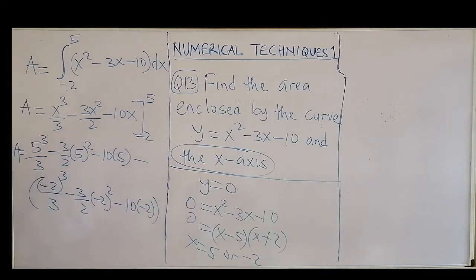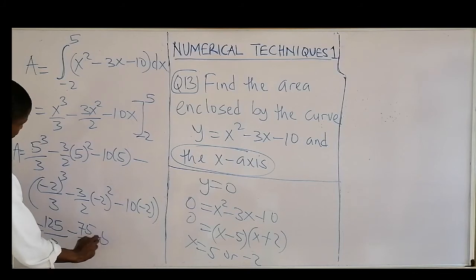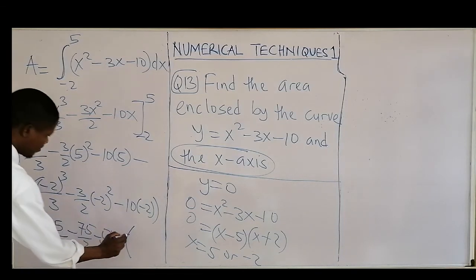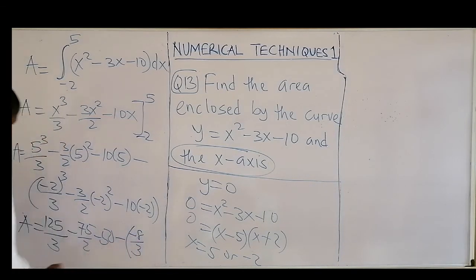Okay, so then use the calculator and get the final expression. So the first one will be 125 over 3, minus 3 over 2 times 25. 3 times 25, that's 75 over 2, minus 50. Okay, and for the lower one, minus. This one will be minus 8 over 3.